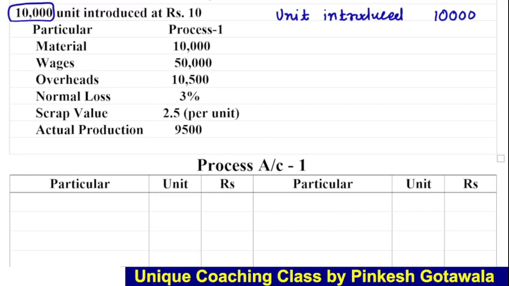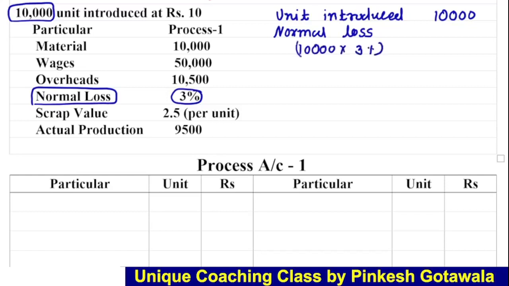Okay, then we suffered a loss. How much? We suffered a 3% normal loss. 3% of 10,000. જેટલા યુનિટ ઇન્ટ્રોડ્યુસ કર્યા એને આપણે percentage કરીશું. So we suffered a 300 normal loss.